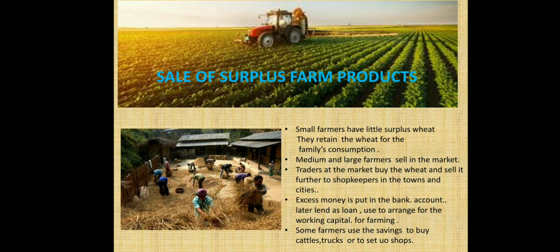Always they have excess money with them. Excess money is put in the bank. Later, they lend it as loan or use it to arrange for the working capital for farming. Some farmers use the savings to buy cattle, trucks, or to set up shops.